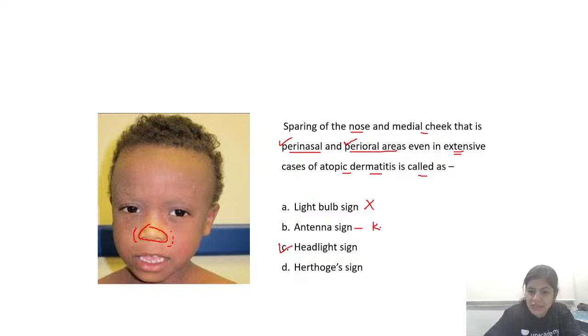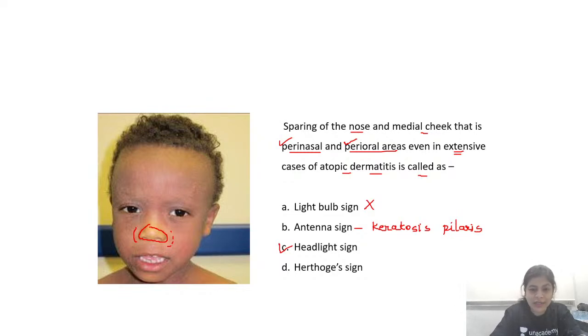Antenna sign is basically seen in patients with keratosis pilaris. Okay, what is keratosis pilaris? Keratosis pilaris is a minor manifestation of atopic dermatitis, or you can say it is one of the minor criteria for the diagnosis of atopic dermatitis. It presents as multiple follicular keratotic papular lesions which are seen usually on the extensor aspects of the upper and the lower extremities, as well as sometimes on the back and the face.